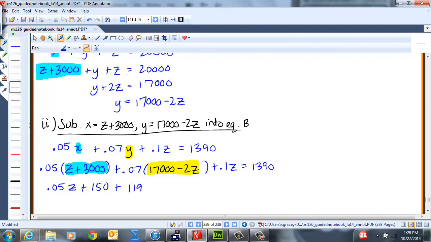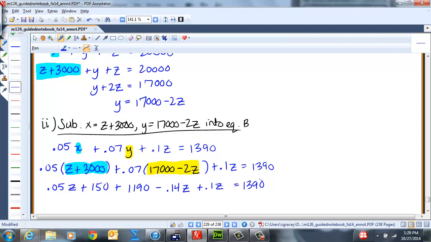And then I think it'll be 1190, because 10% of 17,000 would have been 1,700. So I think we're good there. And then 2 times 0.07 is 0.14 times z plus 0.1z equals 1390.